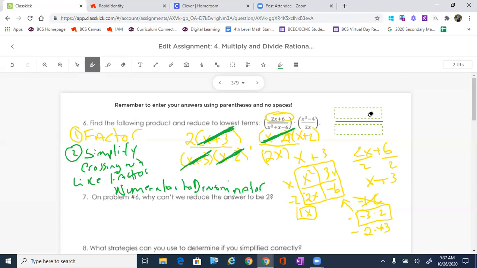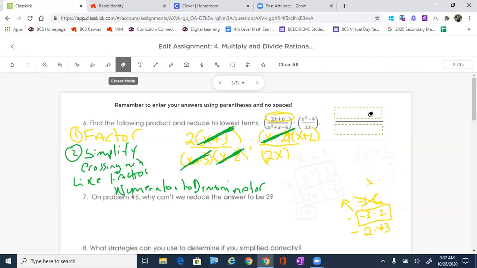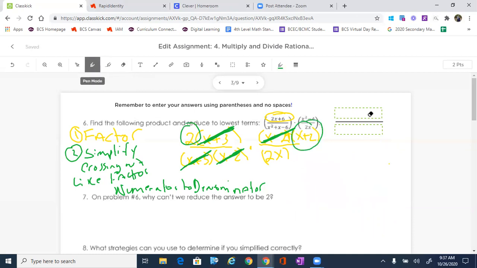Notice at this point, I'm going to rewrite it. So let me erase what I've got here, our factoring pieces, and I'm going to go ahead and rewrite it, because sometimes we need to do that in order to see exactly what we still need to do in simplifying. So let's write it as 2x + 2, because that's what is left over, all over 2 with an x.